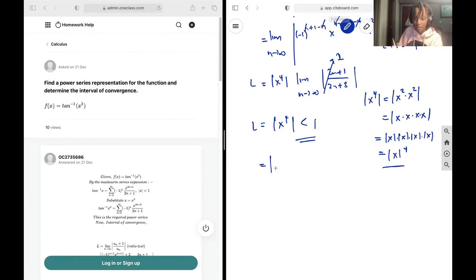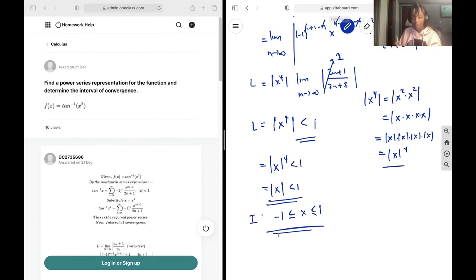So this means that the magnitude of x to the power of 4 is less than 1, which means that the magnitude of x must be less than 1. So this simply means that the interval of convergence is when x is between negative 1 and 1. And that's our final answer.